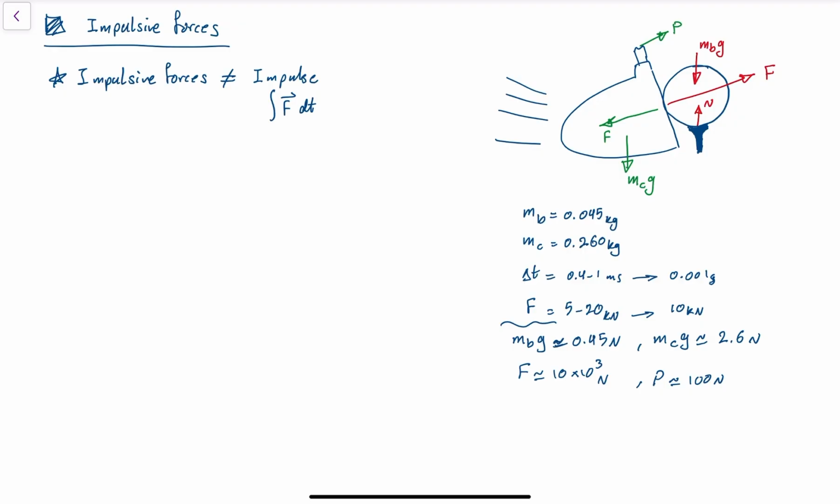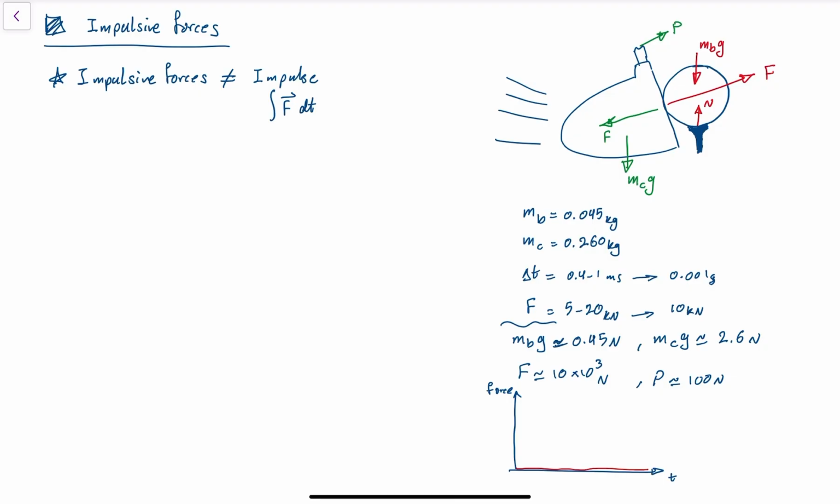Now, finally, what I want to do is draw these forces as a function of time. So all these forces. Let's see, red one. The gravity on the ball is a very small amount, like this much, 0.4.